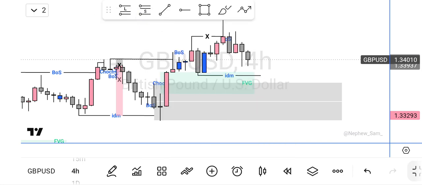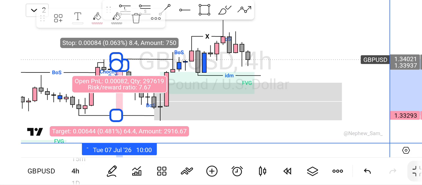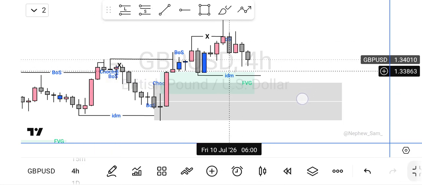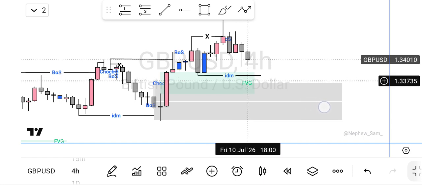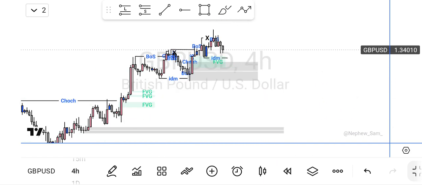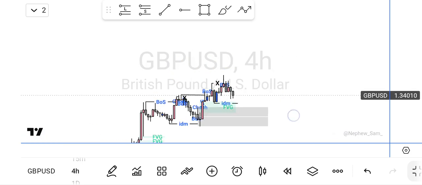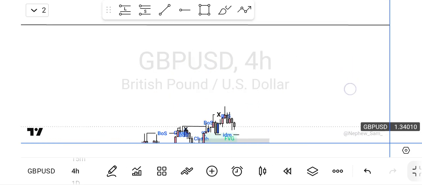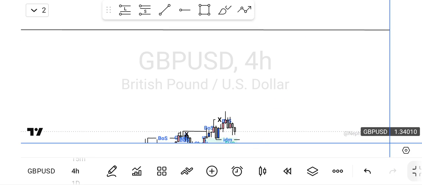So we have a break of structure here, a sweep here, indicating that we need to take out this low, and then we have a key level here, which according to our daily time frame that is bullish, price can react from here, from this region, and then keep pushing price into this high.